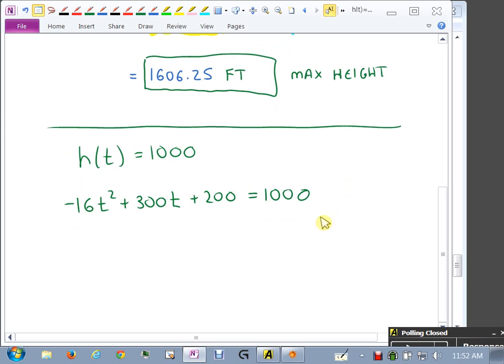And then you just move everything to one side, so subtract 1,000 from both sides. That gives you negative 800 equals 0. This is a quadratic equation, and we can solve it using the quadratic formula, right? Okay, so I'm not going to go through all that work because there would be work that you would have to do there, applying the quadratic formula. I don't feel like doing it.